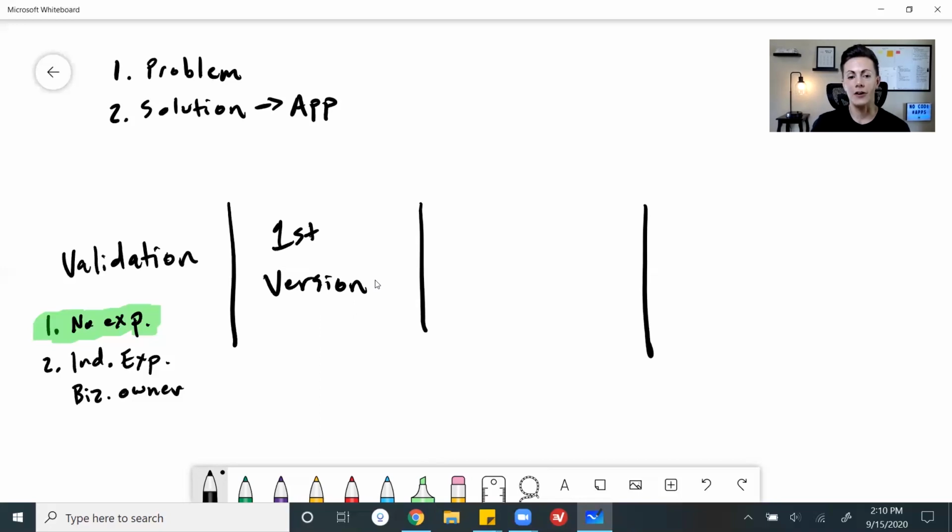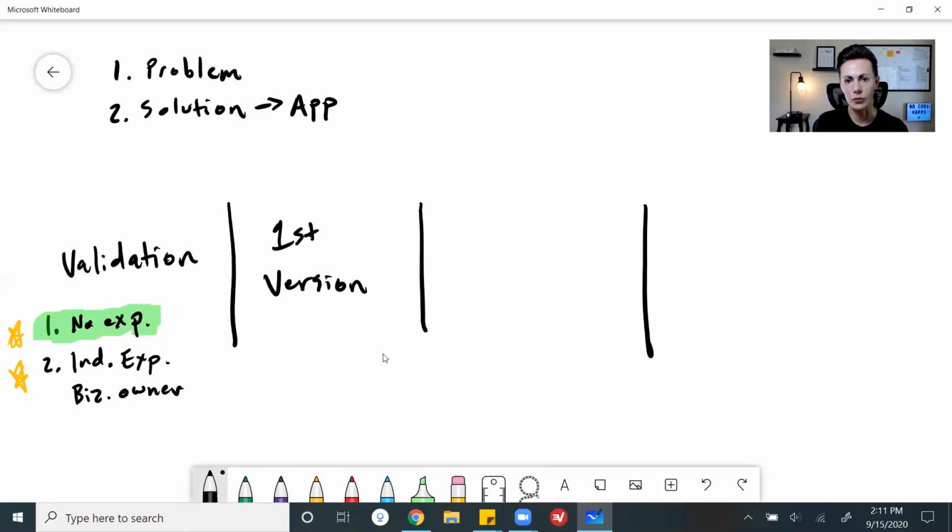Now, there are a couple different paths you can take here as well, depending on the type of expertise you're coming in with. So we're going back over to these two categories here. So if you are coming into this with industry experience, you work in the industry, you interact with the industry, you know the target market, you know the problems, you already know existing solutions, if there are any, maybe you use them, all of that kind of stuff.